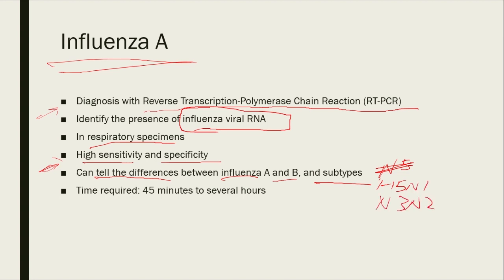The time it takes for these reactions ranges from as fast as 45 minutes to several hours, depending on the particular gene you need to amplify, the specimen samples, as well as the machines. If you have a better thermocycler, you do it quicker.